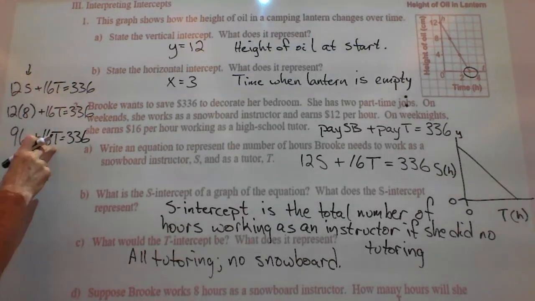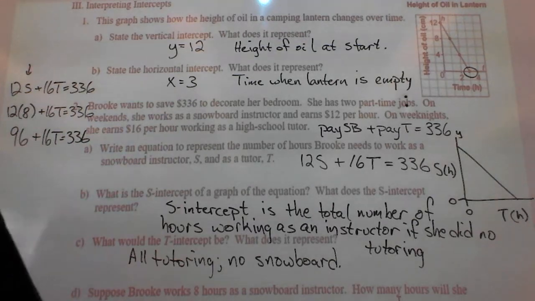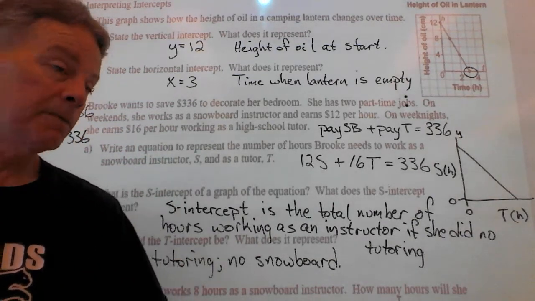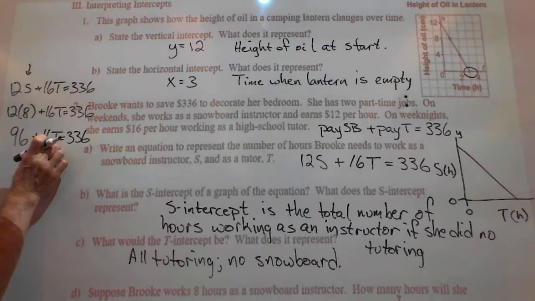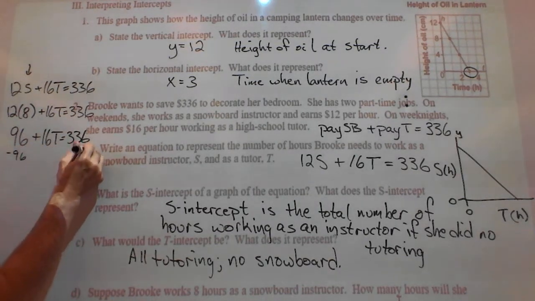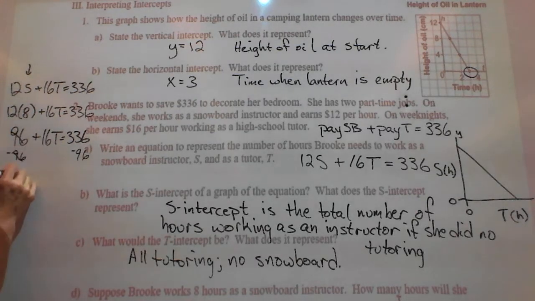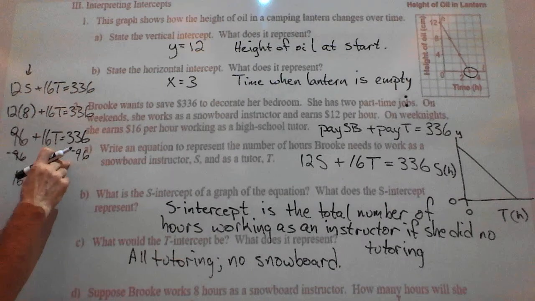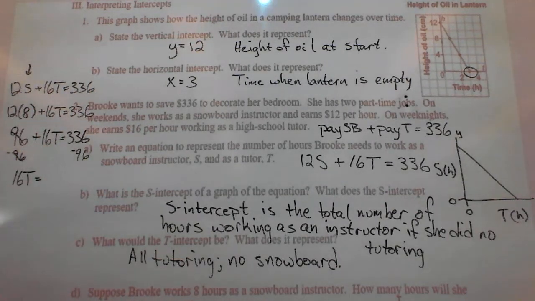Now remember, to find out how many hours she works as a tutor, what they're really saying is isolate t. So let's do that. We got to get t all alone. We're going to take 96 away from both sides. 96 minus 96 is 0. That'll leave us with 16t. 336 minus 96 is 240.